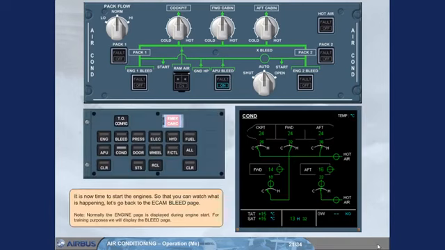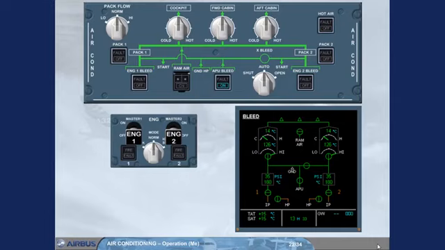It is now time to start the engines. So that you can watch what is happening, let's go back to the ECAM bleed page. Note, normally the engine page is displayed during engine start. For training purposes, we will display the bleed page.